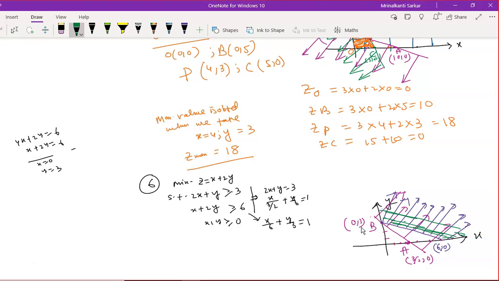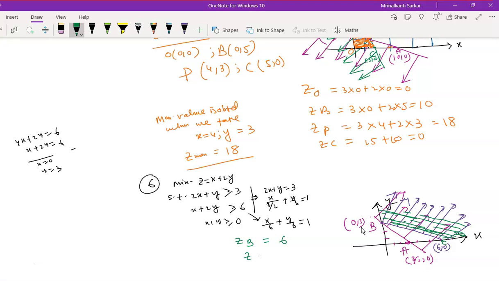And in this region, you will find the corner points, as maximum or minimum always lies at a corner point. C is the corner point. So for the minimized value, you have to find the value at Z B, that is 6, and Z C, this is also 6. So you're getting the minimized value at these 2 points.